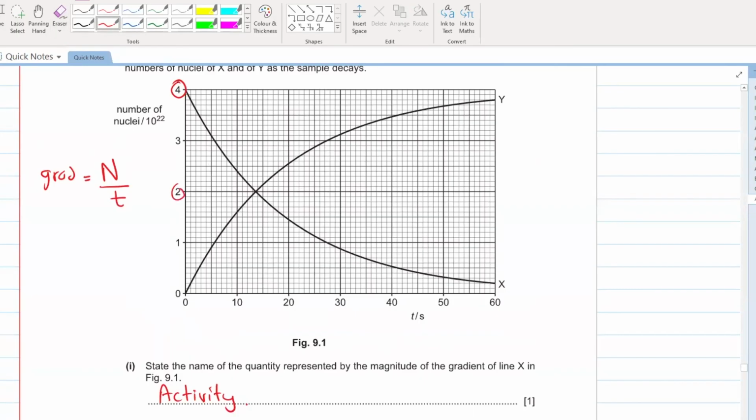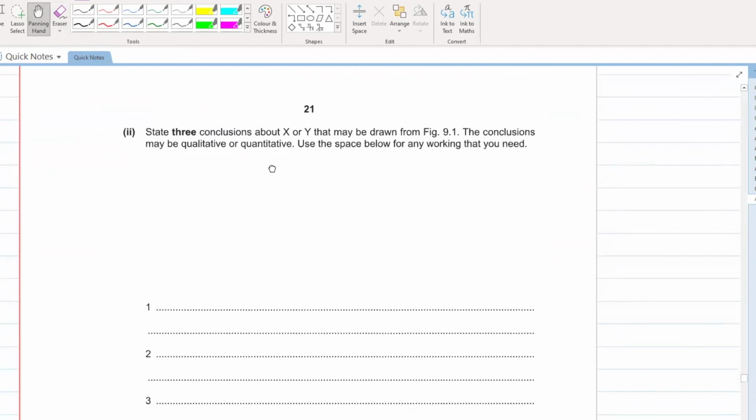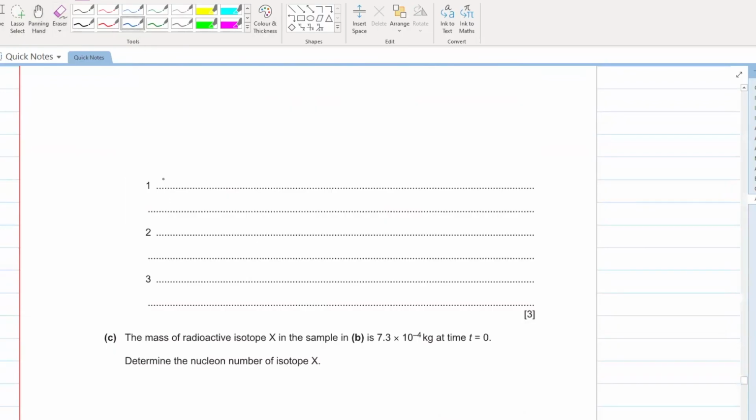What time does it take for the nuclei to halve? This is your time, 13.6 seconds. So the half-life is somewhere around 13.6 seconds.